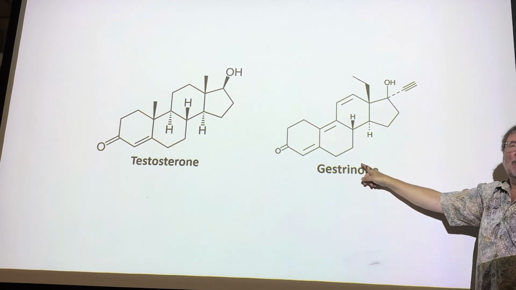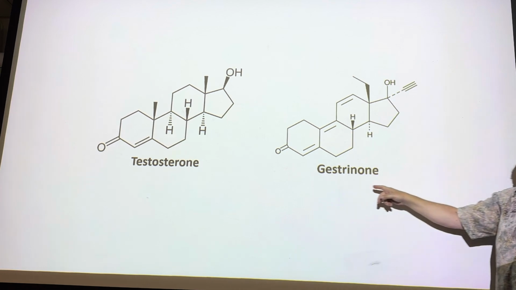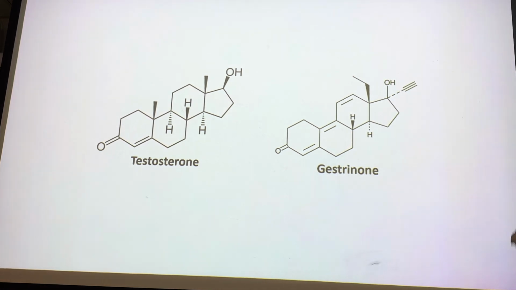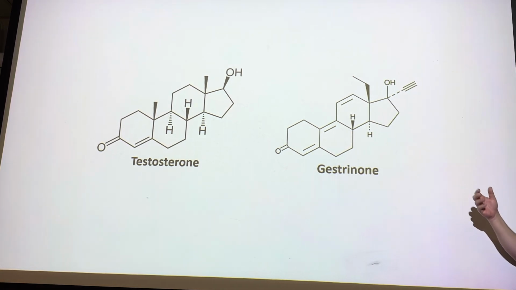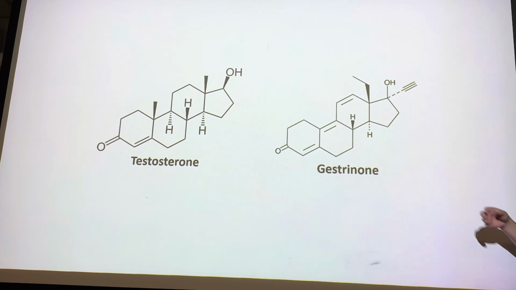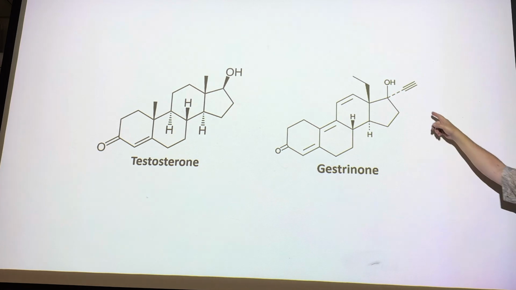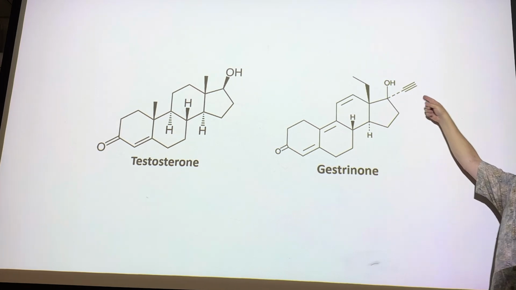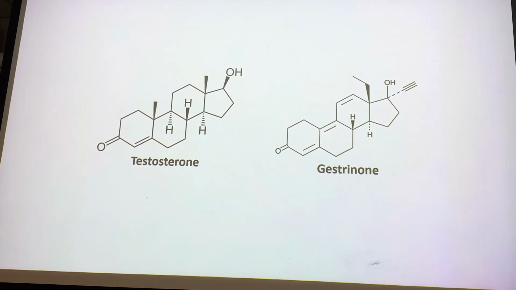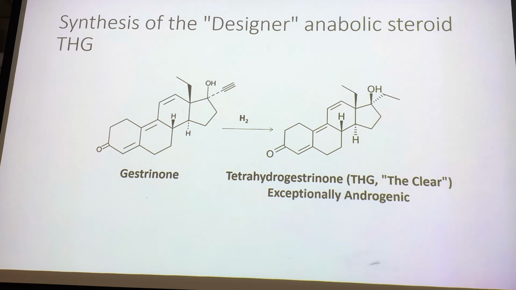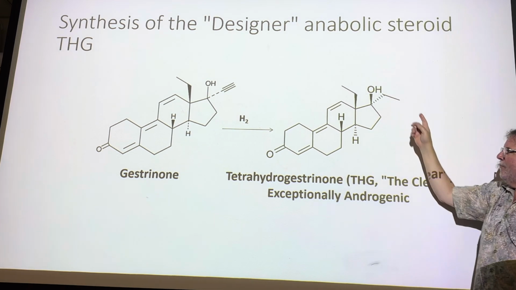This was a well-known anabolic steroid, and there are tests that could identify it. If you were tested, the doping agency would be able to identify that you had used this. But somebody figured out that if you take this triple bond and hydrogenate it, then you get rid of it.